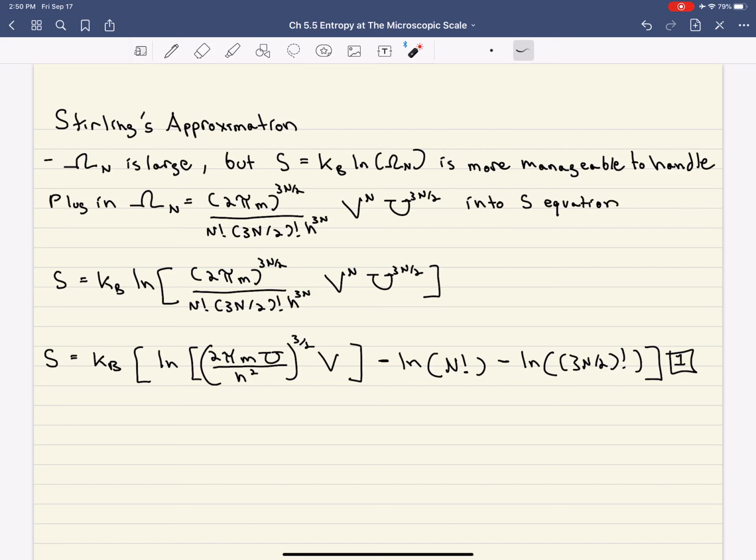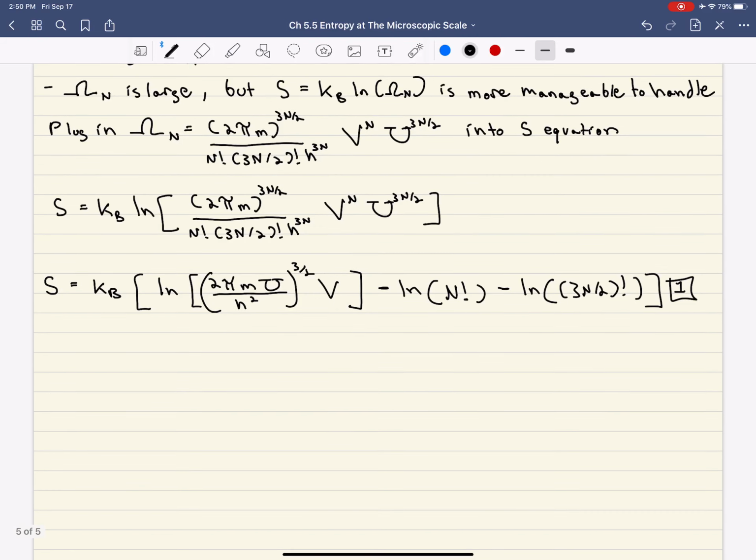But what we can do to make this number a little more manageable is make an approximation. To calculate the natural log of n factorial and the natural log of 3n over 2 factorial, we can use something called Stirling's approximation.